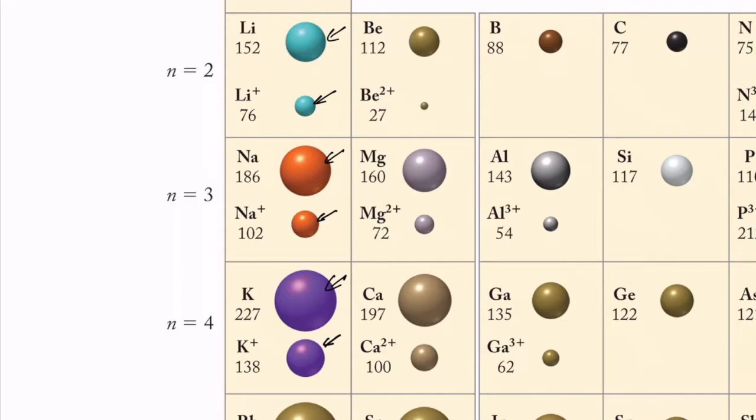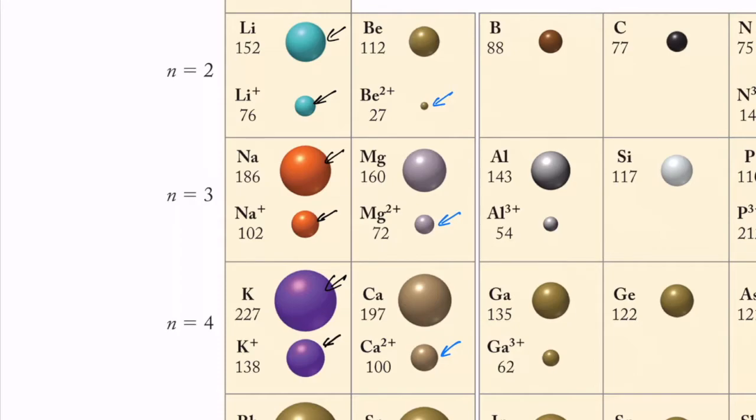And if we look at +2 ions, so we've got beryllium, magnesium, and calcium, for example, notice that the +2 ion is smaller than the +1 ion that's right beside it.